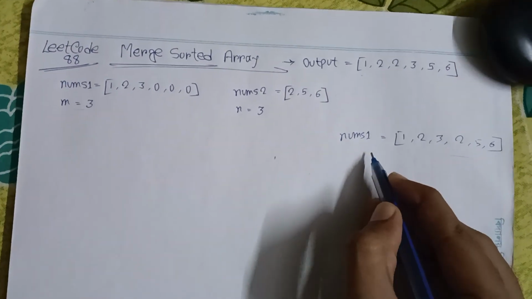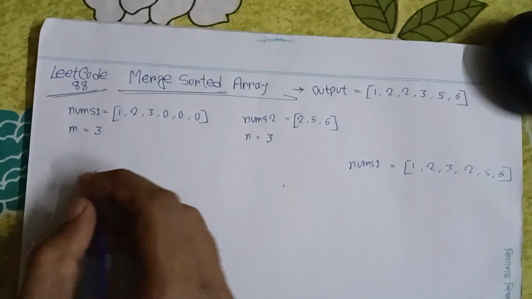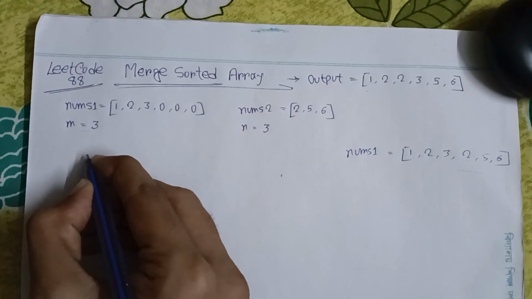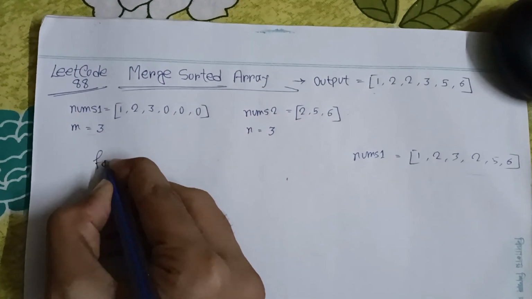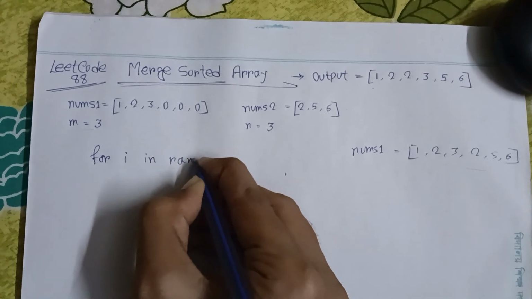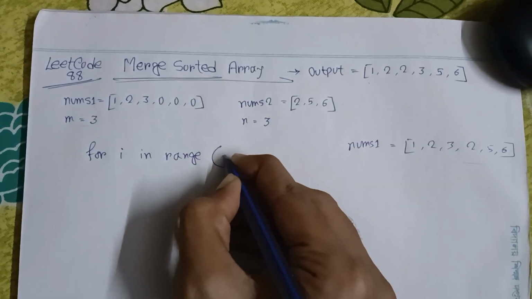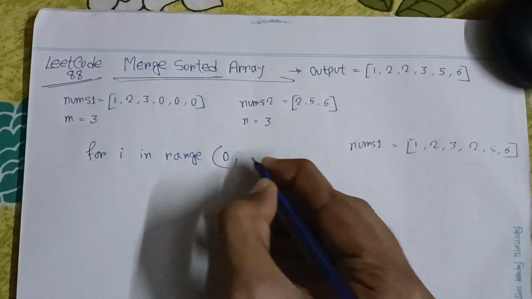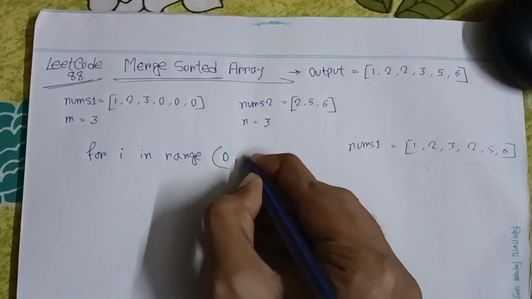So to modify nums1 we need to create a for range loop. So for i in range, start from 0 and end is equal to n.